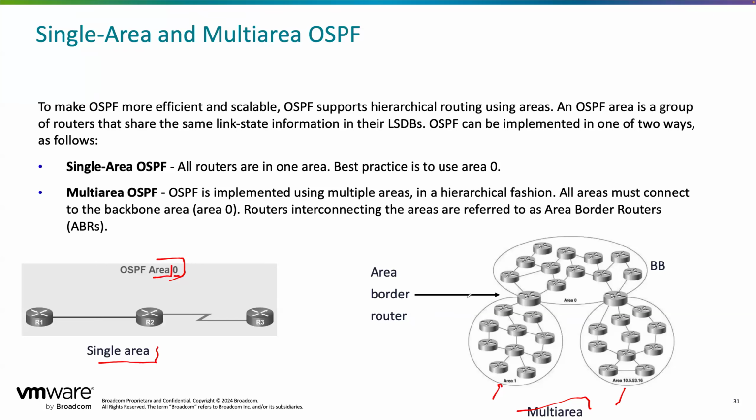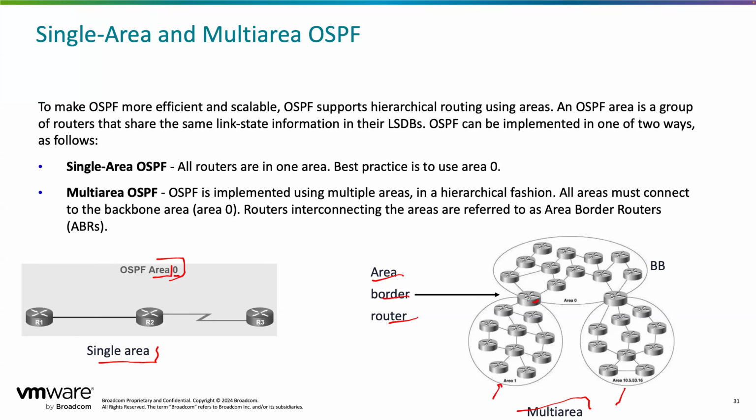You might also have noticed that there's a particular role for some OSPF-enabled routers. For example, here this router joins area 0 and area 1 as well. This router is called the area border router, ABR. As I said, every router originates its own LSA and propagates it to the entire network.